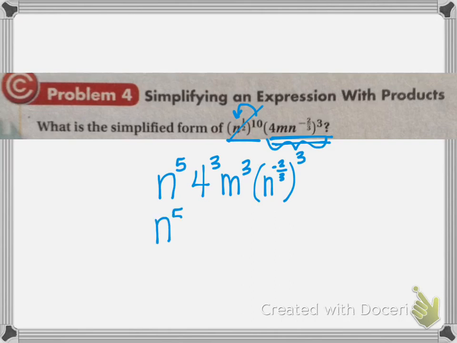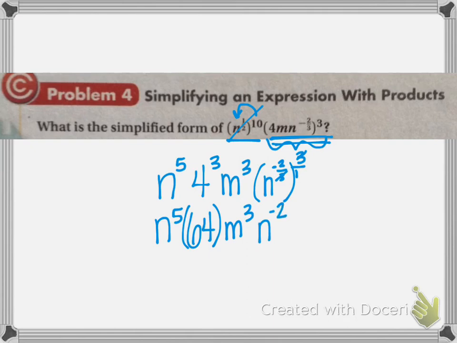So we're going to keep n to the 5th, 4 to the 3rd. You can go ahead and do 4 to the 3rd. 4 times 4 is 16, times 4 is 64, so we'll put 64. M to the 3rd. Now here, that's power of a power, so you're going to multiply exponents. So that's going to be negative 6 over 3, which will end up being negative 2. Or you can cancel the 3's and you just get negative 2.